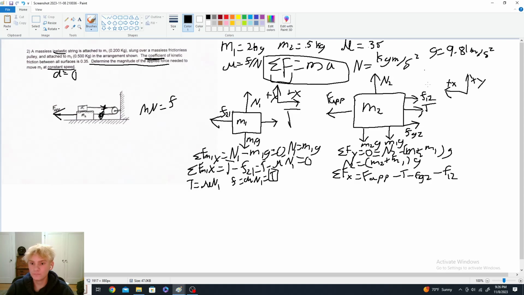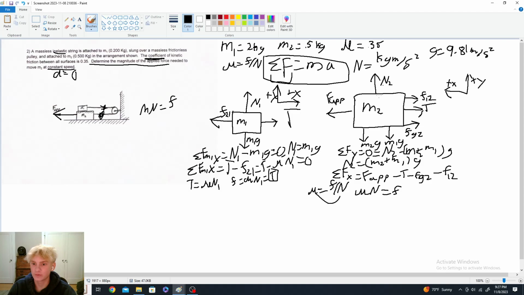Well, we know that mu is equal to frictional force over normal force, right? So what we do here is we multiply this N on both sides, and we get mu N equals friction. Now it's important to realize what N this is.